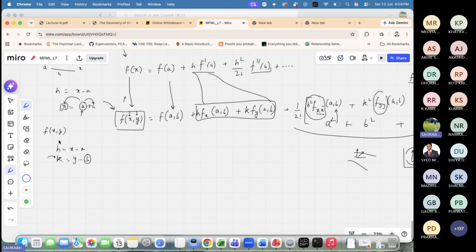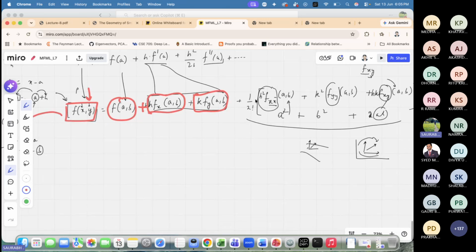Let me first tell you how to know the function at a new point. Let's say the function is a two variable function. To know the function value at a new point, first take the function value at (a, b), which you already know, plus the rate of change of the function in the x direction, the rate of change of the function in the y direction.